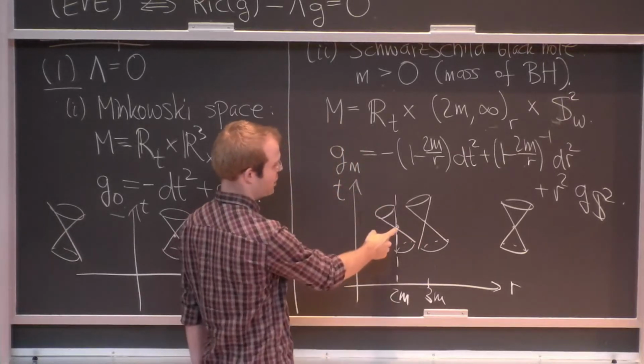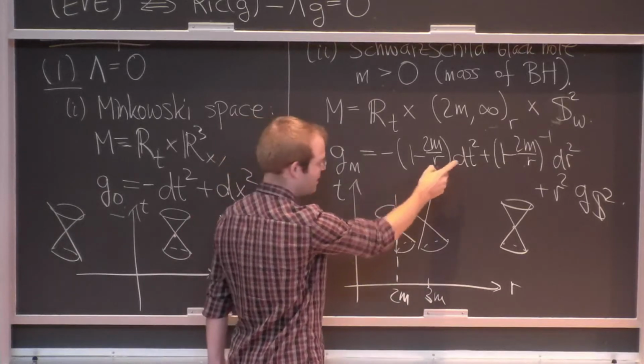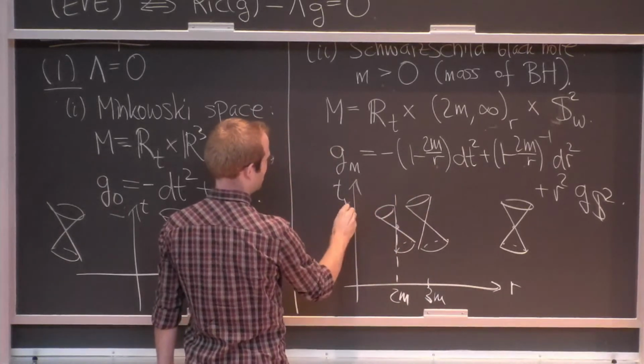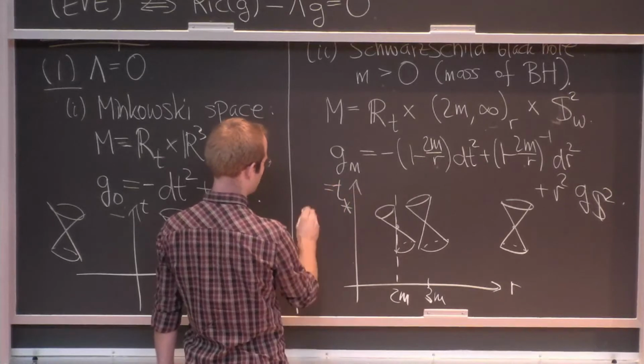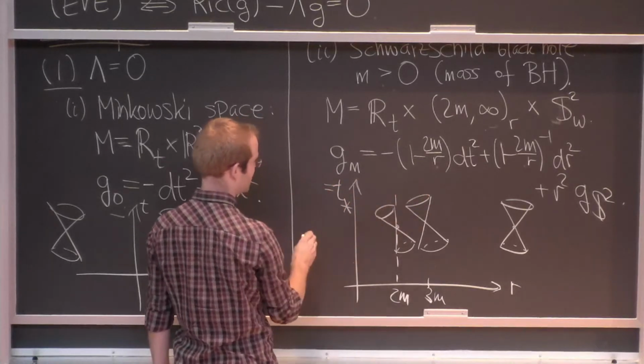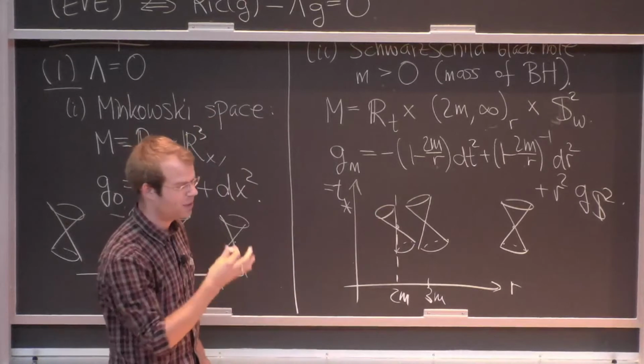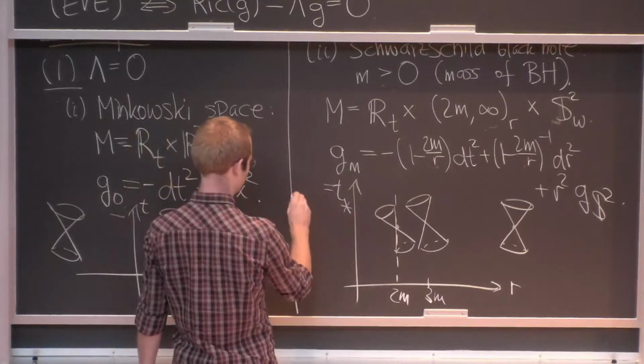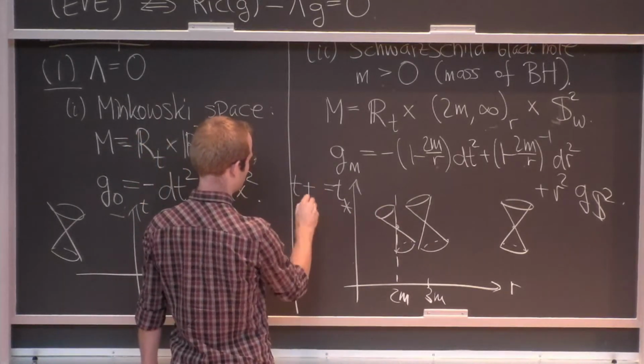And of course, at this point, I'm already cheating because this metric is not valid anymore at r equals 2m. But as I mentioned, you can write down different coordinates so that actually the metric extends. Just like the polar coordinate singularity at the North Pole, nothing geometric happens. You just switch coordinates to something that's regular there.